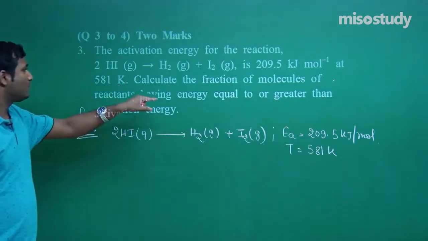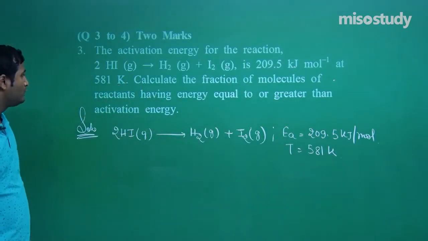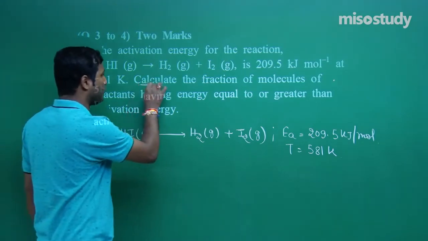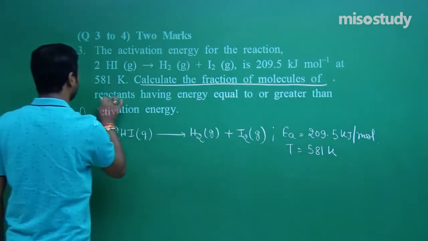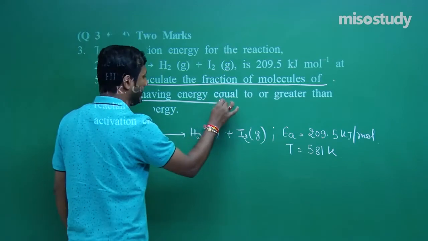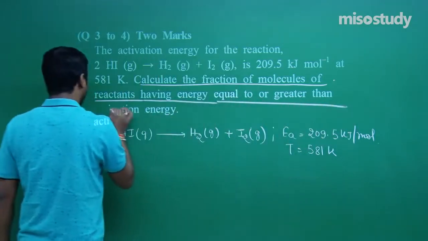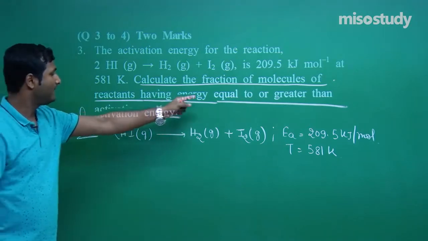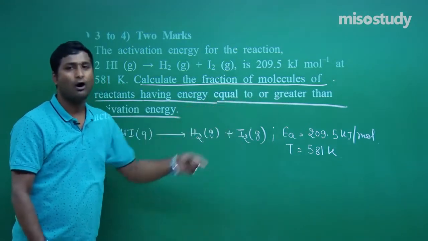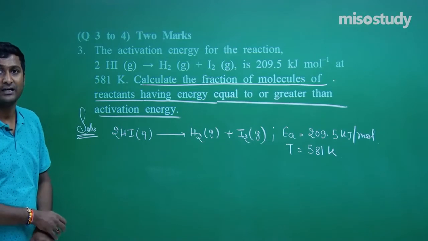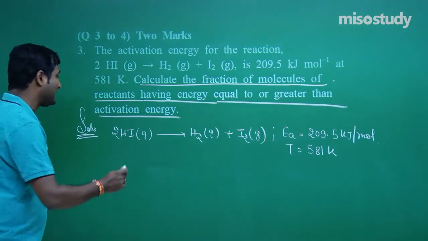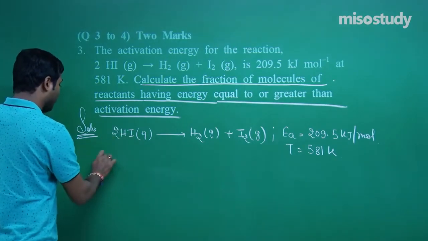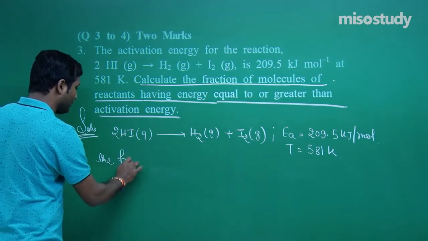Calculate the fraction of molecules of reactant having energy equal to or greater than activation energy. Again I am repeating, having energy equal to or greater than activation energy. Now what to do in this case?